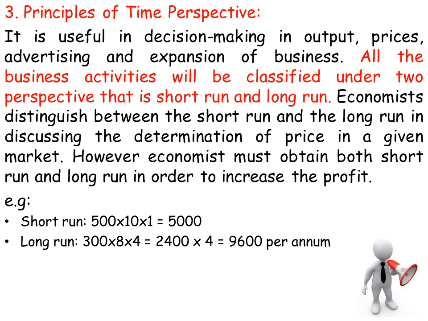Now I will explain it with an example. If a company gets an order in the short run, say for example, to produce 500 units for 10 rupees each, the new client is ready to pay 10 rupees, and they are going to give the order only once.